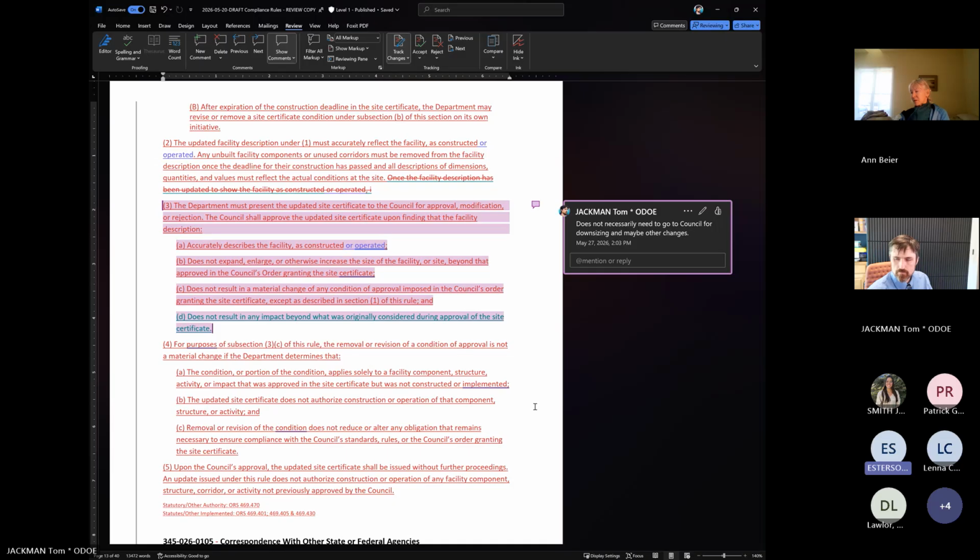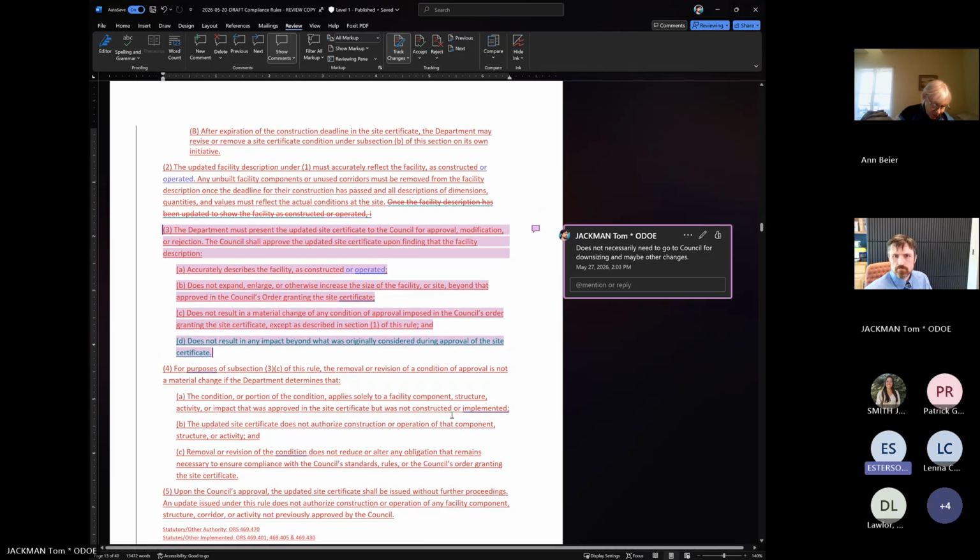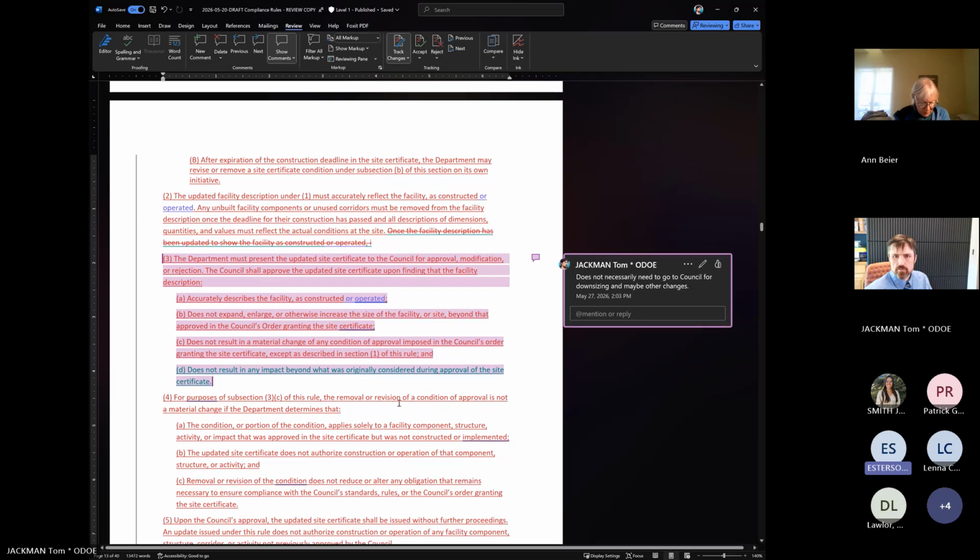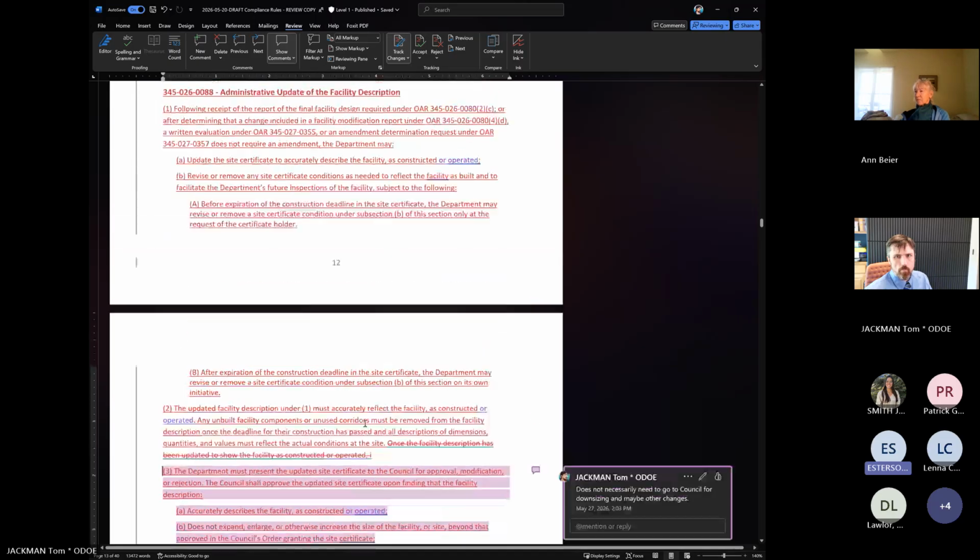Have we looked at, well, this is $1,000 in 30 days? Because evaluating what conditions could be removed, or even mitigation obligations that could go away based on final design, hopefully that would be clear, but it could take some work to make sure it's done right. I'm just curious, does this say what they have to submit to us and how much it costs and the time?